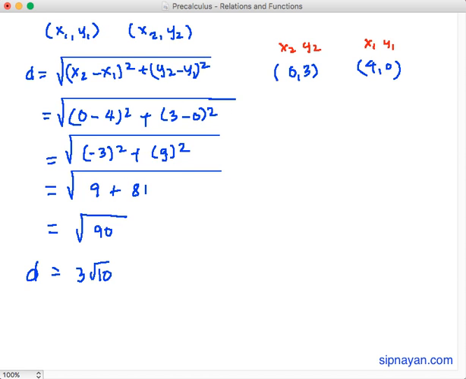Next, what is 0 minus 4? It's negative 4 squared plus 3 minus 0 is 3 squared.